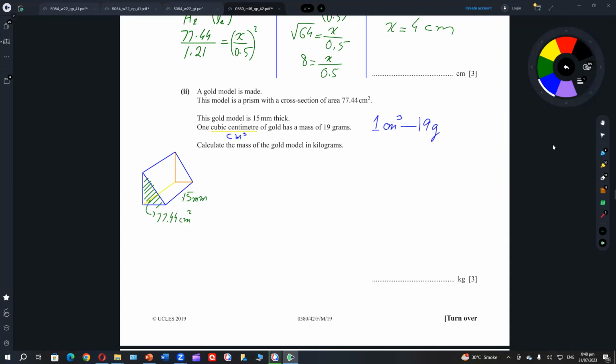So I need the volume of this prism now. What is the main formula of volume? This is a standard formula: volume is equal to base area into height.